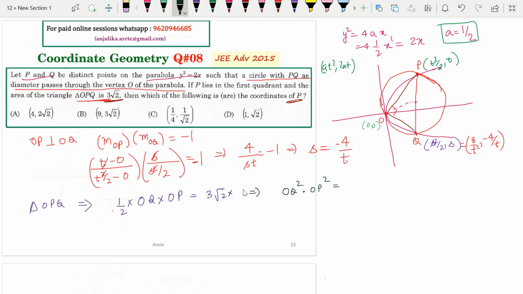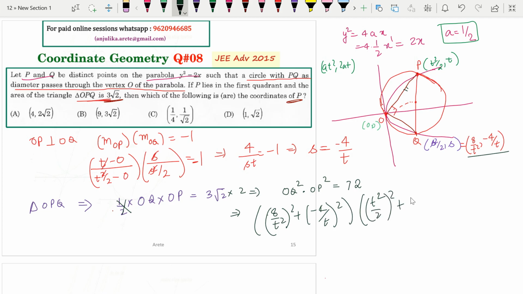Also you bring this side so that it's easier. So this was 6, 36, 72, right? So it's just x squared plus y squared, because you're taking distance from the origin. So let me write x squared plus y squared, times, for the other point, the OP distance, (t squared by 2) whole squared plus t squared.